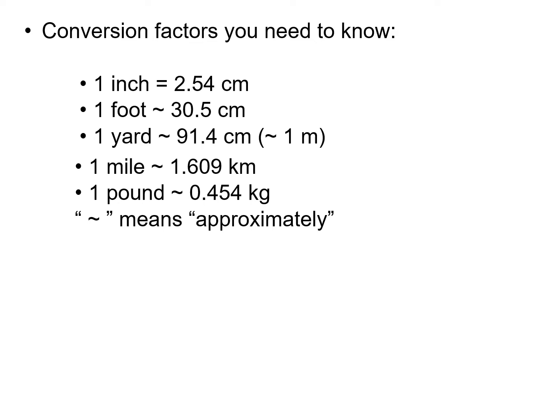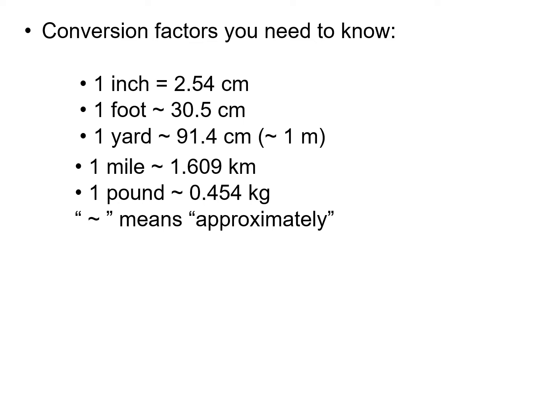At a certain point, this becomes a little silly. So what I'd suggest is to remember that an inch is 2.54 centimeters. You can get anywhere else from there because you know there's 12 inches in a foot and 3 feet in a yard.